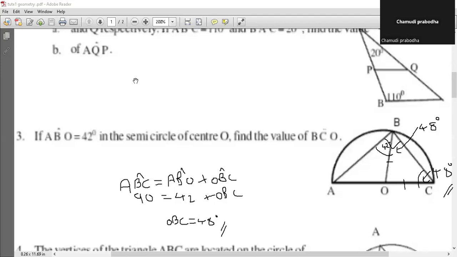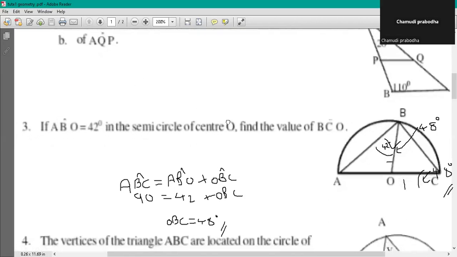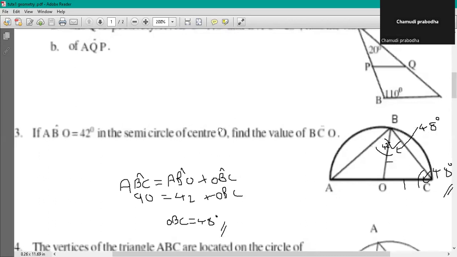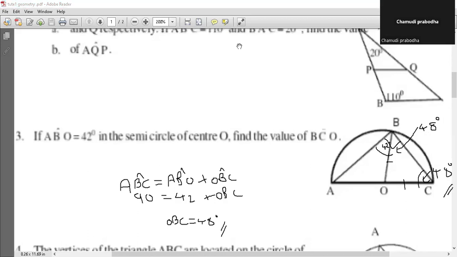So, is it clear? Yes or no? Tell me. Kamuli and others.